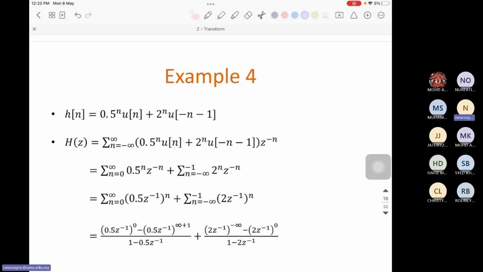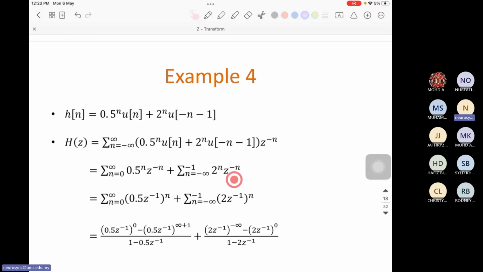So this we can write like this: (0.5 z^-1)^n.